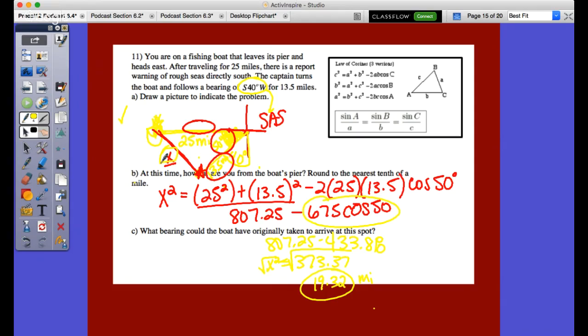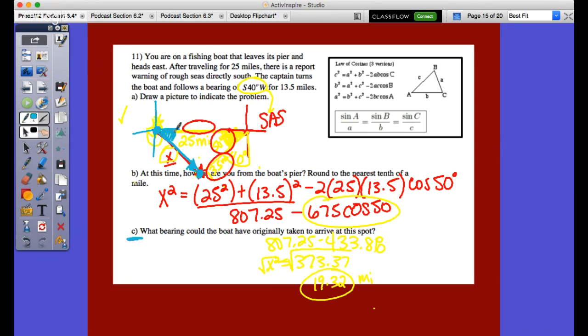So then we could say, the question in blue, this is part C, by the way, is from the original spot, so right here, what was the bearing that we could have taken to go directly to where we ended up right here? Well, we can do that by solving for the angle here, and we could just use the law of sines, right?